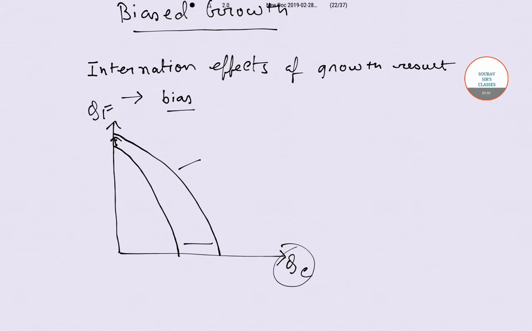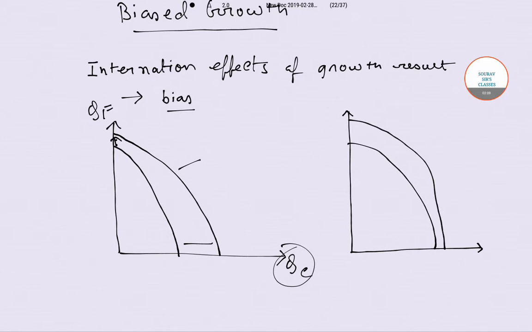On the other hand, if you draw the diagram for biased growth toward food, it will look like this, from PPF1 to PPF2.